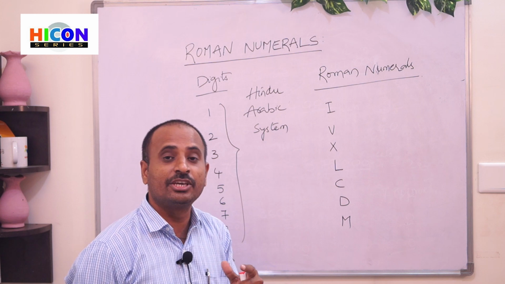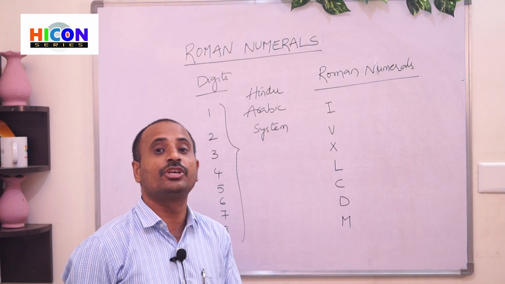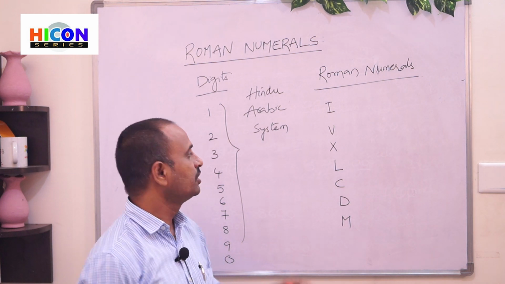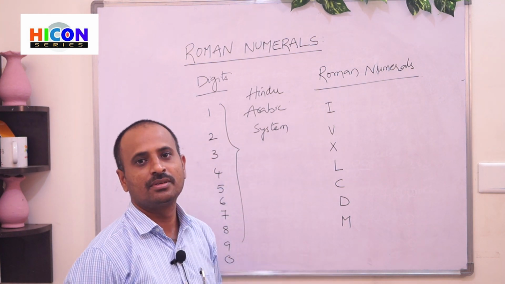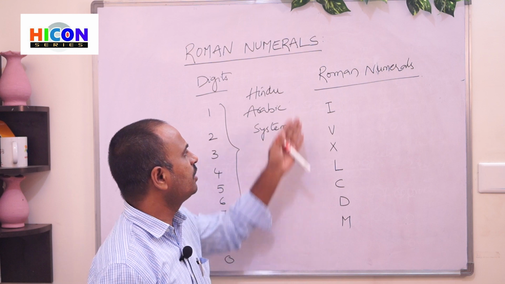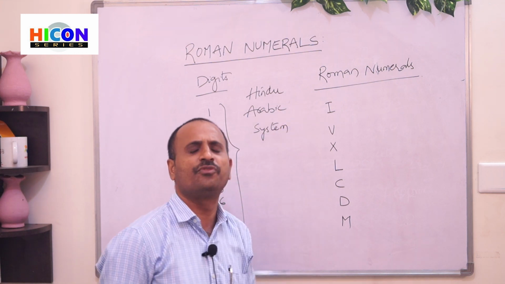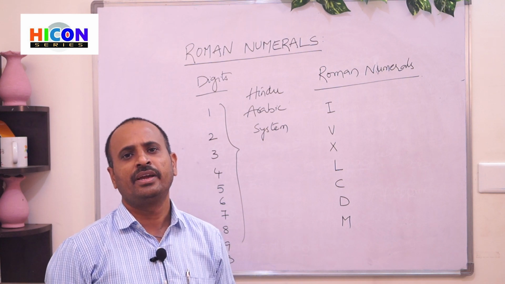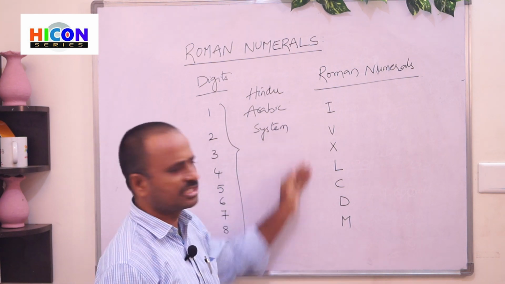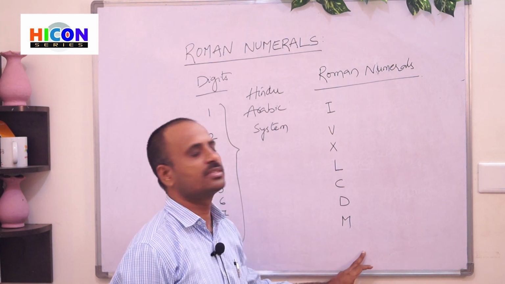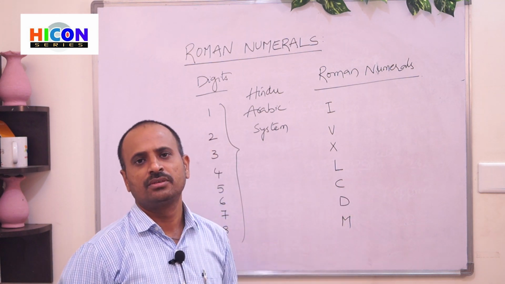Some schools use these symbols to express the class you are studying. Because of their little importance, we use Roman numerals in only a few situations in our daily life.